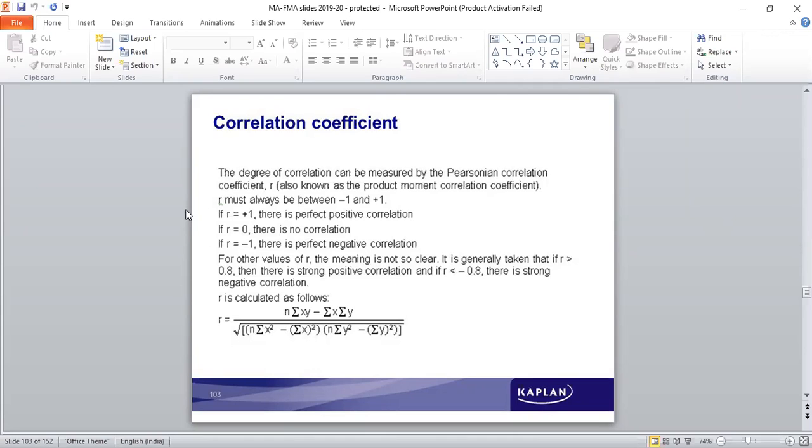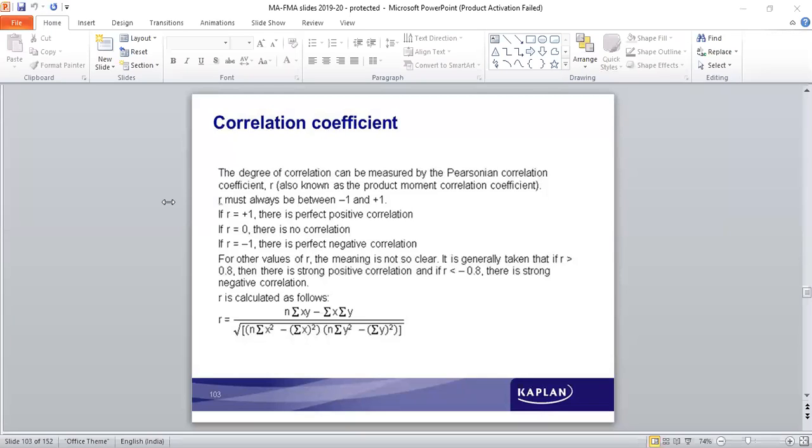If R is equal to 0, there is absolutely no relationship between these two variables. If R is -1, there is perfect negative correlation. If one is moving in one direction, the other one will move in the reverse direction. So R could be any value between -1 and +1. If it is 0, there exists no relationship between these two variables.